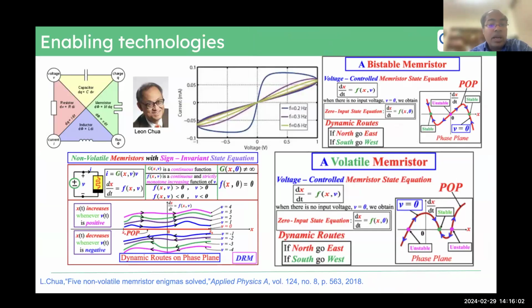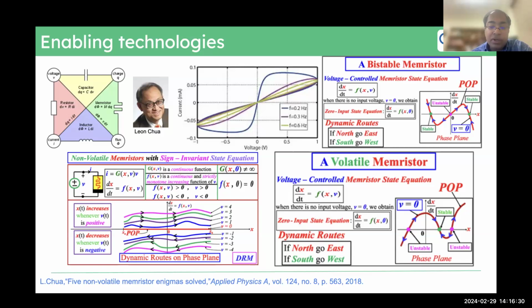And if you see the voltage versus current plot, you could see the hysteresis property, like pinched hysteresis, is something that you observe in almost all the memristor devices. They can be bistable, they can be volatile, they can be non-volatile. And the entire memristor behavior can be modeled as a two-state equation.